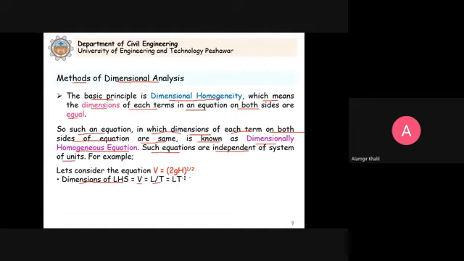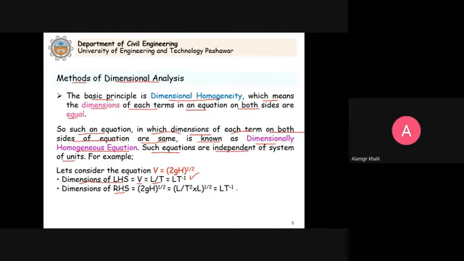On the right hand side, we have acceleration due to gravity, length by time square. h is the height or depth, that is L. You take the square root, and we get these units.